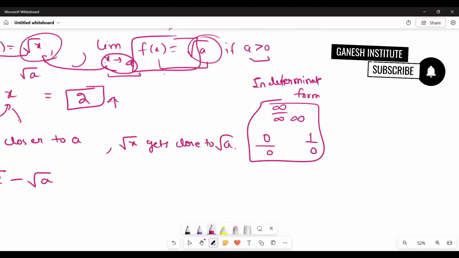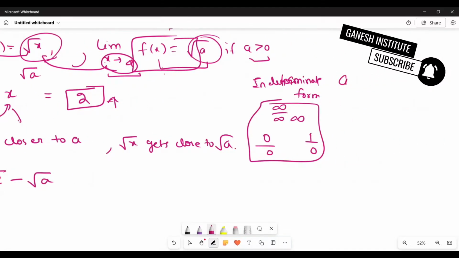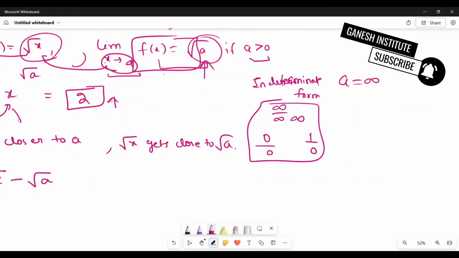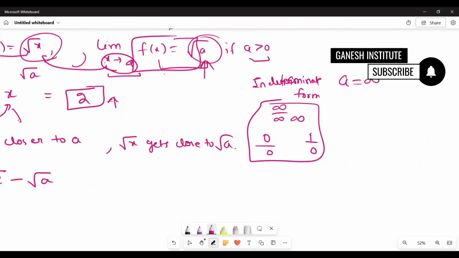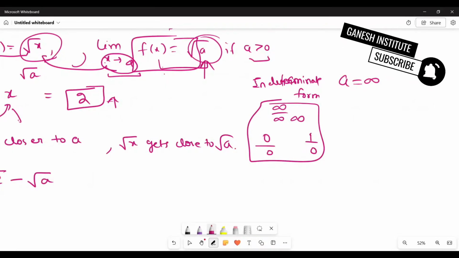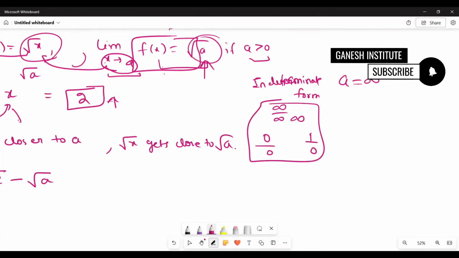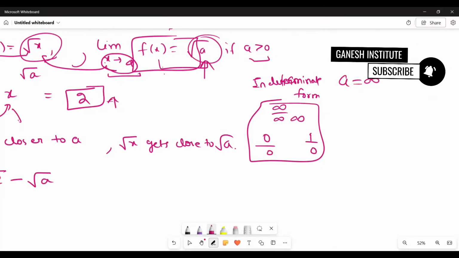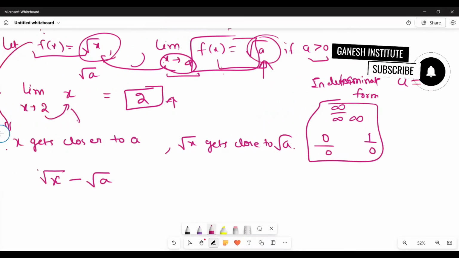Only if a is infinity does it become indeterminate form, right? The condition is a is greater than 0. If I consider that, no matter that it is greater than 0, it has an upper bound. It is not so big that it reaches infinity, then I can say that the limit exists for this, right?